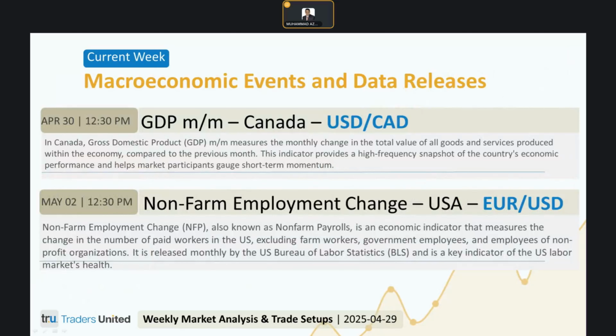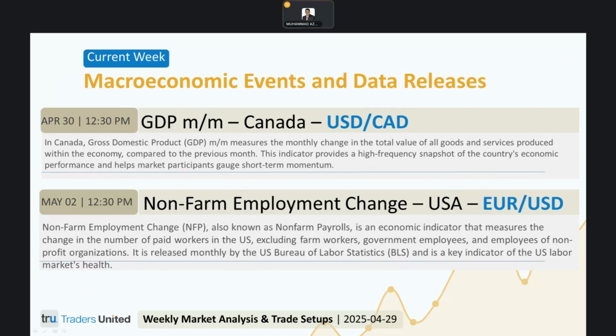Okay, let's look at some more details. So GDP, M over M in Canada. What is Canada's GDP M over M? Well, Canada's gross domestic product, also known as GDP, month over month, is a key economic indicator that measures the monthly change in the total value of goods and services produced across the country. It reflects overall economic activity and provides an early signal of growth or contraction in the Canadian economy.